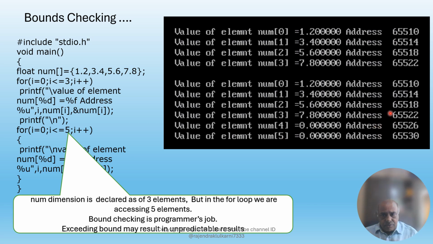The addresses 10 to 22 are the legal addresses which have been allotted to this array num by the compiler. This 26, 30 will have some garbage value or some other value which we never know, but it will be displayed by the printf statement. In this case it's only displaying the value, it's not making any harm in our program.